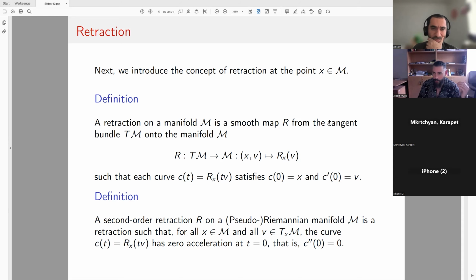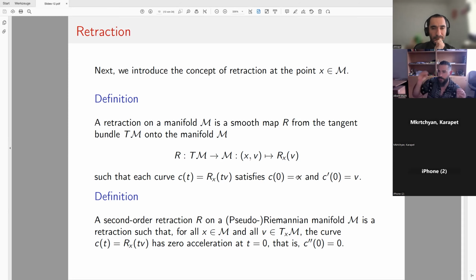You take a point and a tangent vector, and it tells you how to move from the point along that tangent vector. The specific definition of a retraction on a manifold is a smooth map from the tangent bundle onto the manifold, such that each curve is basically the retraction, and it satisfies that for the parameter t equal to 0, it's your point.